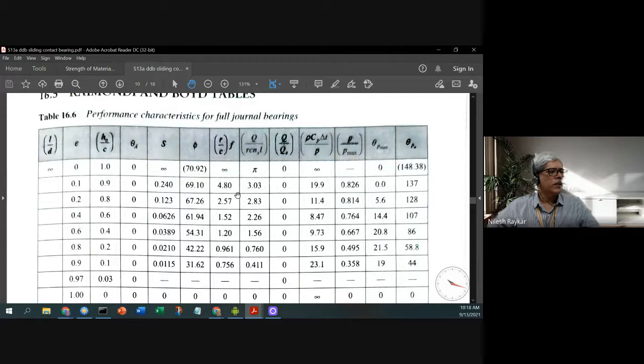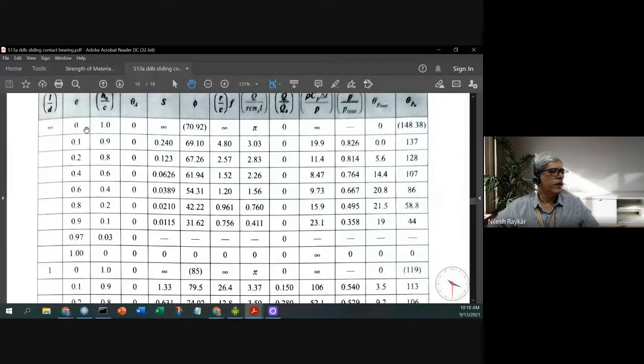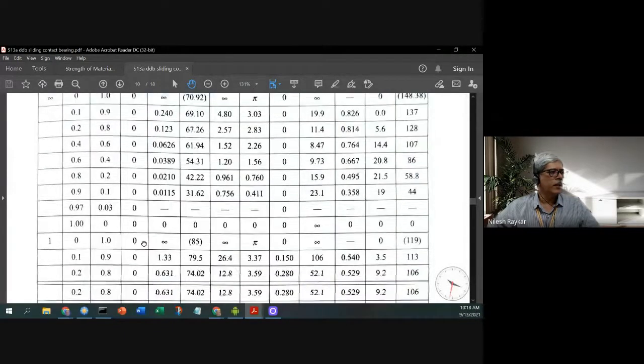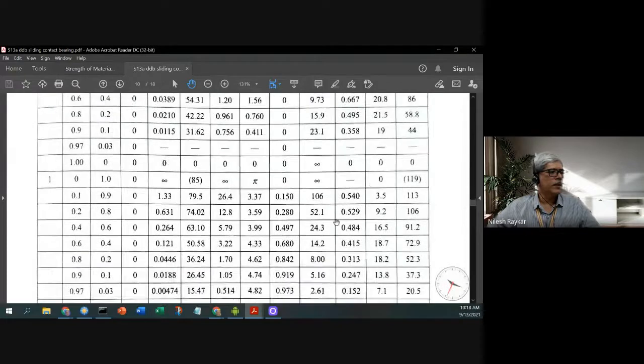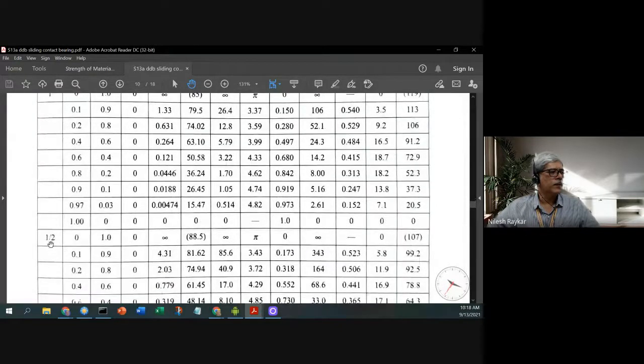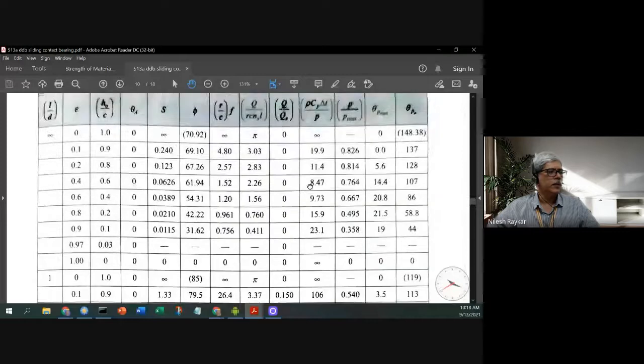So each row of this particular solution satisfies the Reynolds equation. Here L by D equal to infinity, corresponding to that there are different rows. For L by D equal to 1, there is another set of rows. L by D equal to 0.5, another set of rows and another set of numbers, and so on.